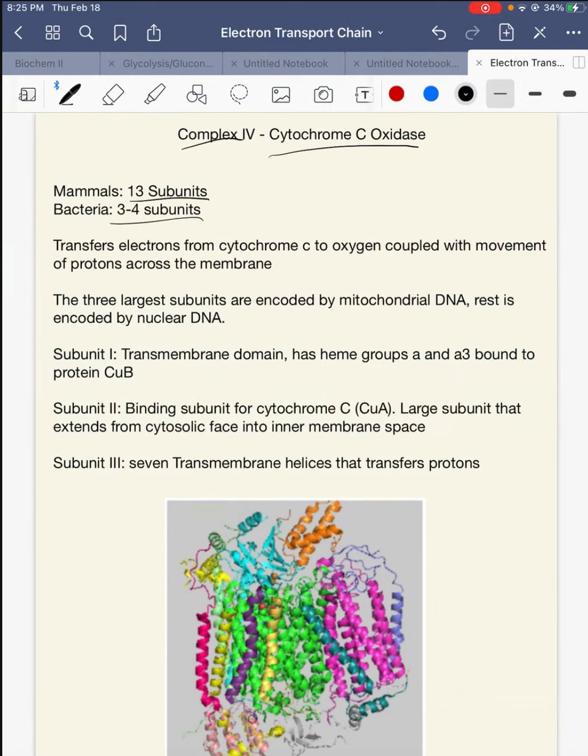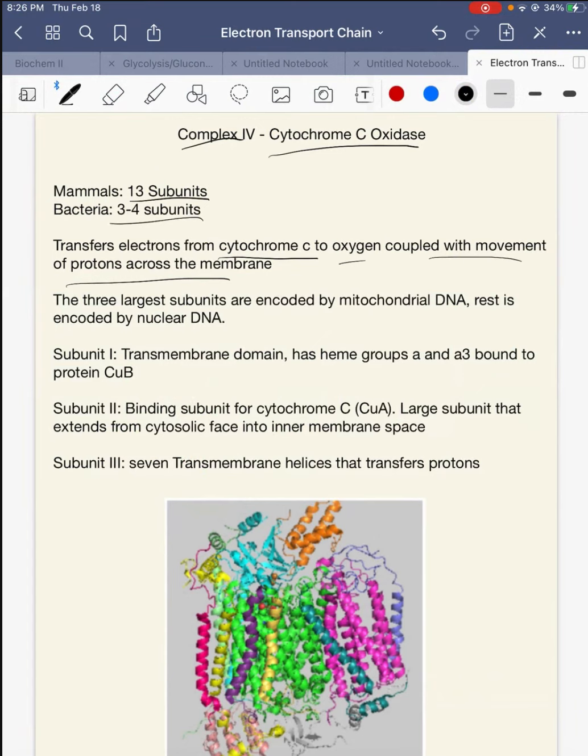The whole point of it is it transfers electrons from cytochrome C to oxygen, and this is also coupled with movement of protons. So we moved protons in complex 1, and then in complex 3, and now we're moving protons in complex 4. The only complex that we don't pump protons in is complex 2.